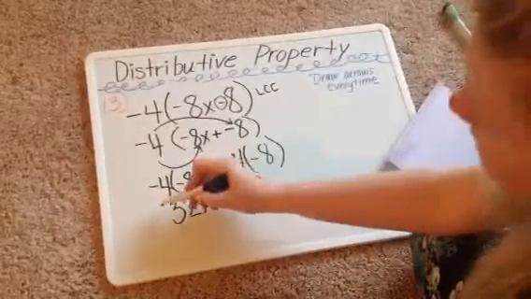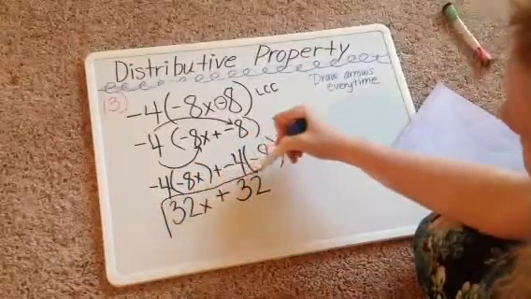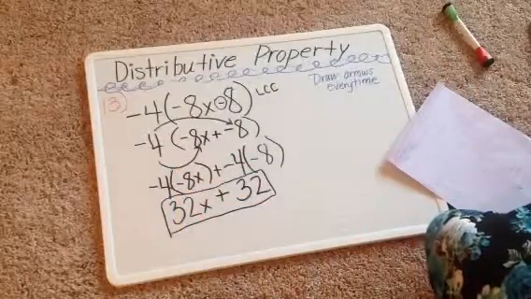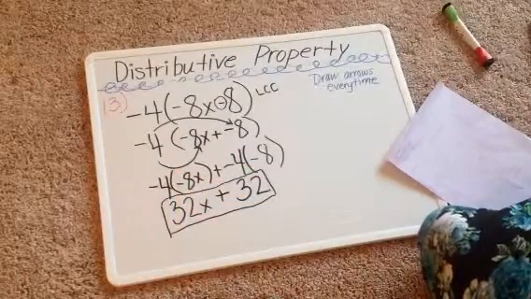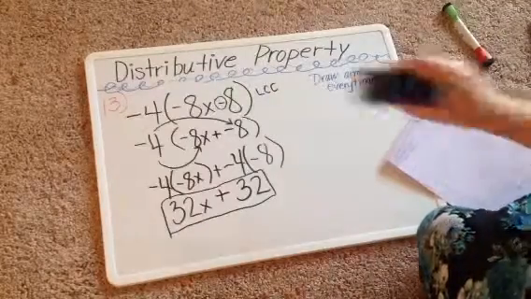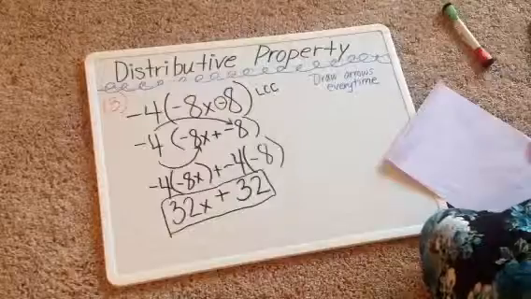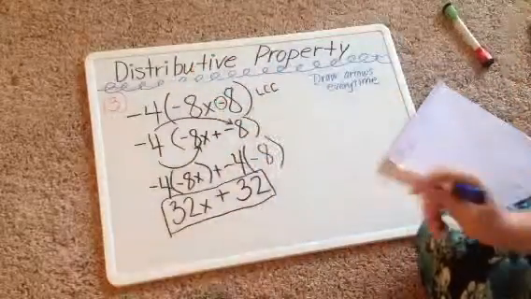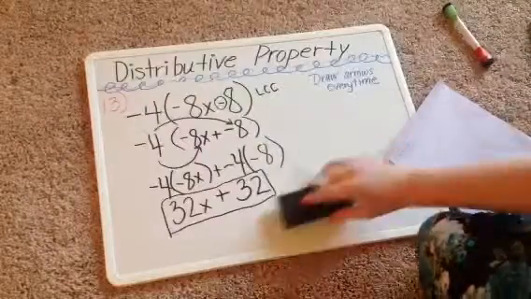So our final answer is going to be 32x plus 32. So feel free to pause, rewind if you missed any of those steps, and go ahead and make sure your number 13 looks like mine. Remember those arrows and each step of your thinking process.